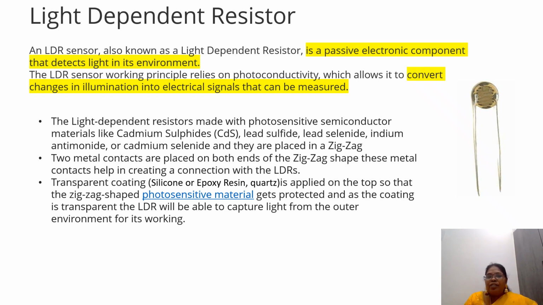Since it is a transparent layer, whatever light falls on it can be easily absorbed by the semiconductors. That is why we need the transparent coating.